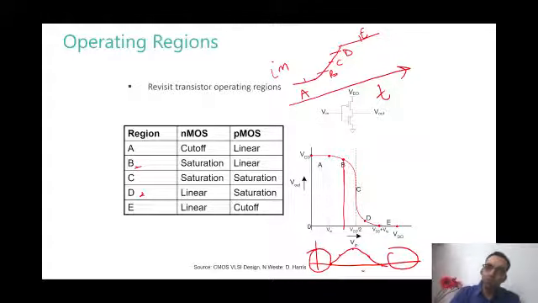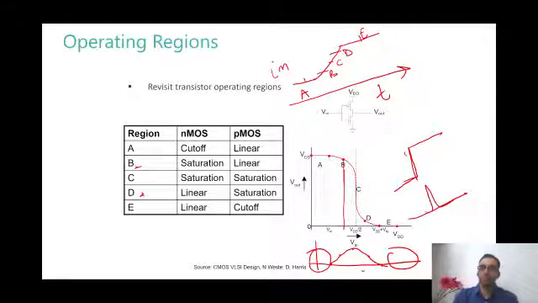Now you notice that if I improve the input slope, then this area would be much lesser. This peak value remains the same, but the charge that I consume, that I waste, reduces significantly. When we talk about power later in this course, we will talk about using good rise time and fall time.